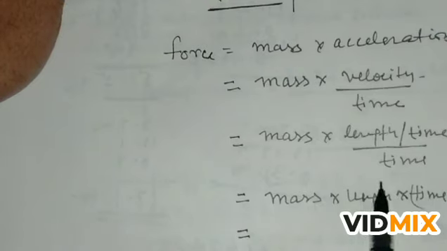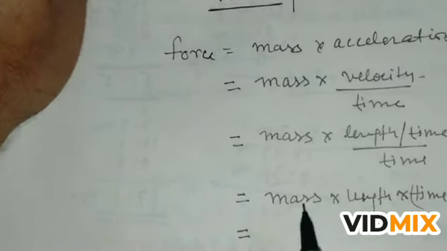These are the dimensions, means power on these values indicate the dimension of the quantity.